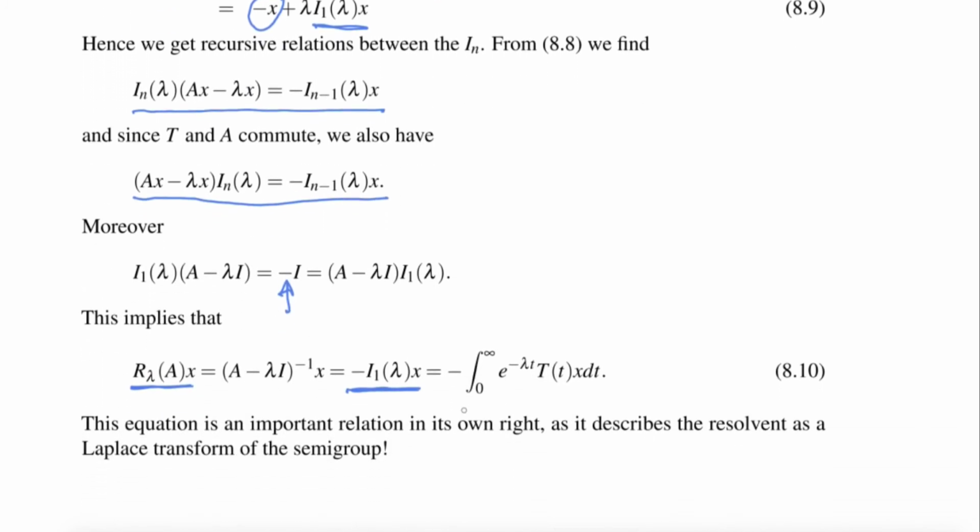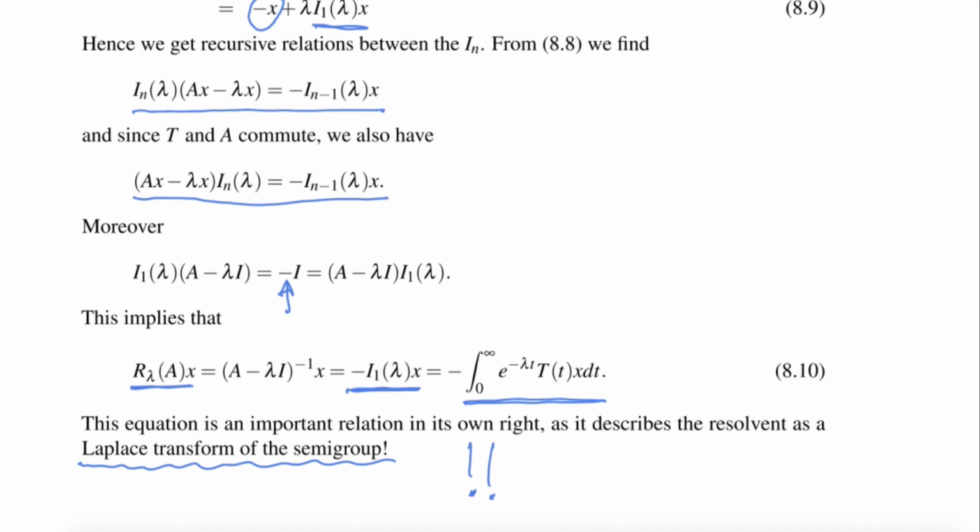But it's also the integral of e to the minus lambda t T(t). Which is, if you look around a little bit in other courses, the Laplace transform. So it turns out that we can write the resolvent here on the left as a Laplace transform of the semigroup. And this is a very big thing. This is a really, really cool relation.